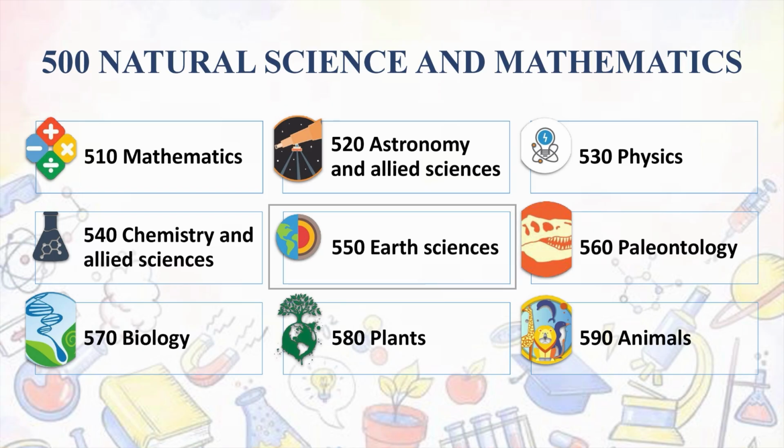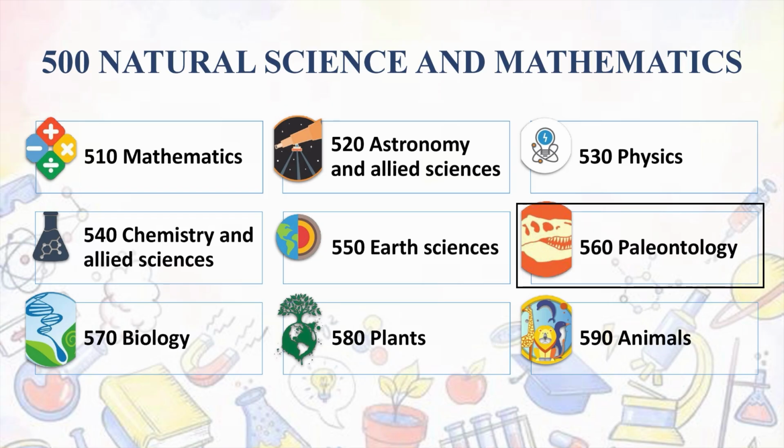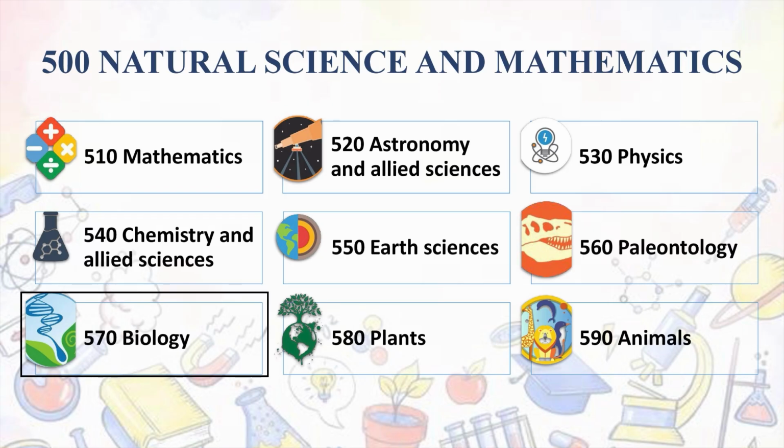That is mining, minerals are in the earth sciences. 560 is paleontology. Paleontology is actually the science of fossils. You know the fossils. 570 is biology. Here we will cover the living organisms irrespective of their characteristic like plants or animals, biology in general.